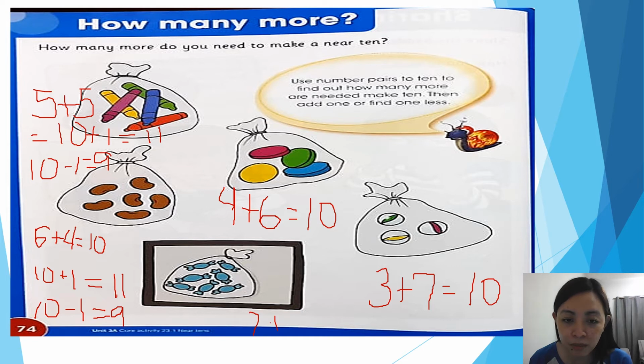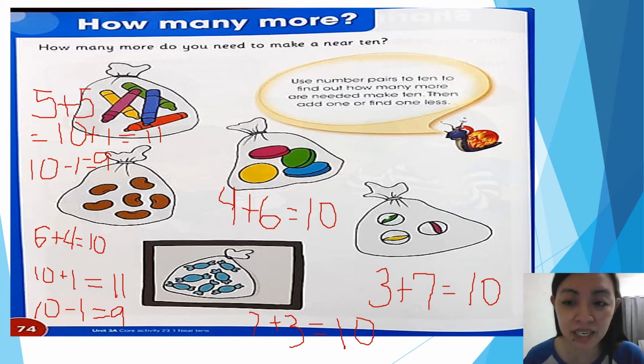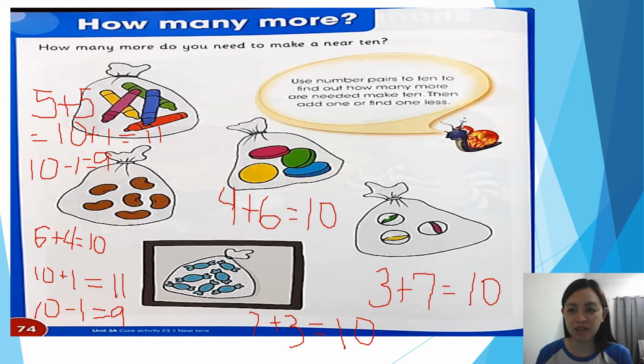So what number should be added with 7 to make 10? Okay, 7 and then 3. Okay, so 3 plus 7 or 7 plus 3 is also equal to 10. Okay, did you get all the answers correctly? Okay, very good. Let's continue.